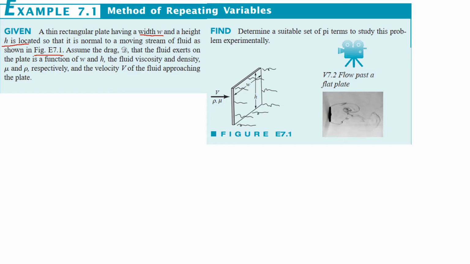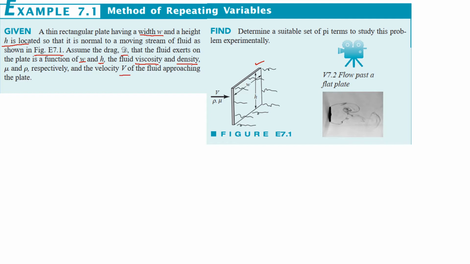So this is the plate, and this plate is normal to this flow stream. Assume the drag D, the drag force that the fluid exerts on the plate, is a function of W, that is the width, and H, that is the height. It is also a function of fluid viscosity, density, respectively, and the velocity of the fluid approaching the plate.